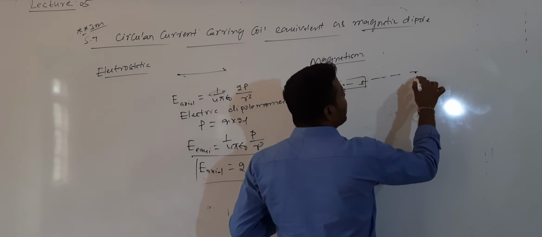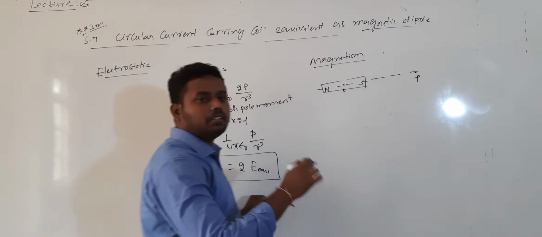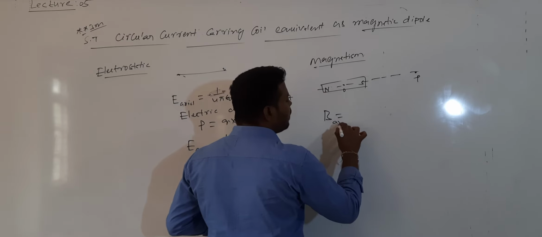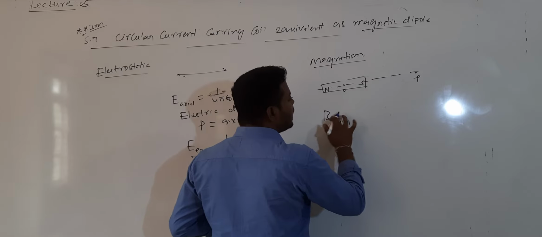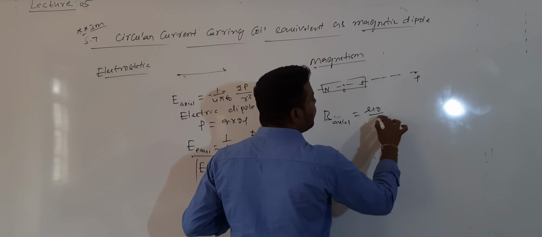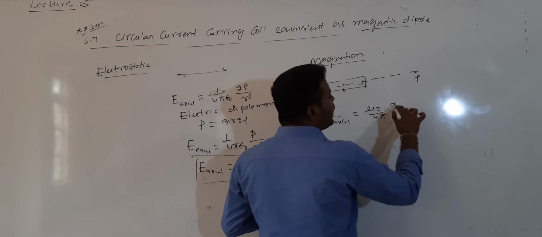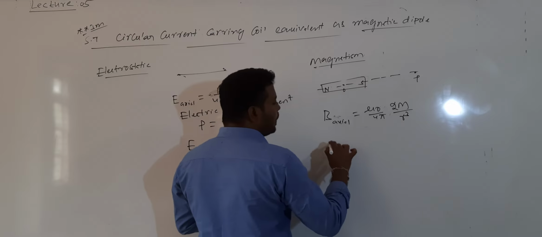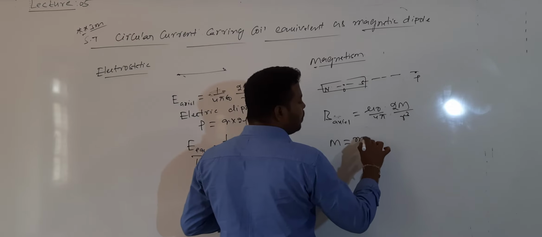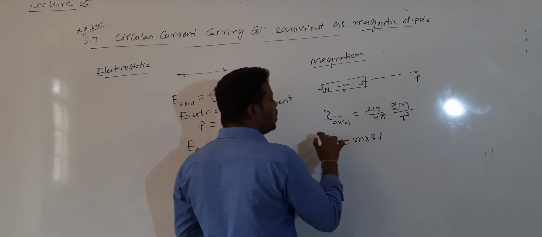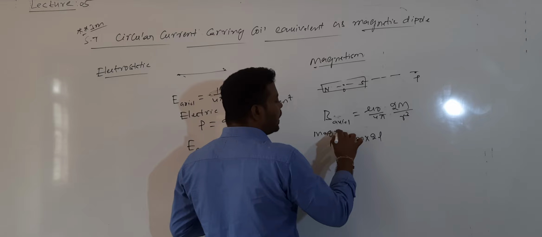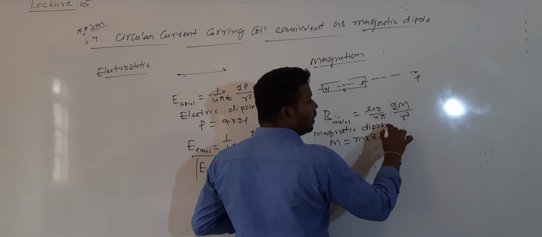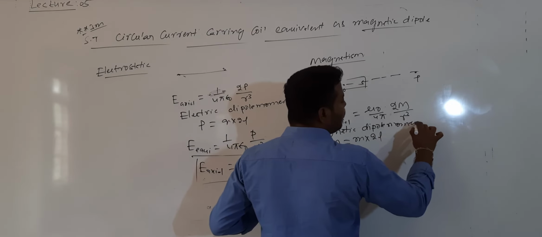If I calculate the magnetic field induction at point P on the axial line, B on the axial line is mu naught by 4 pi into 2M divided by r cubed, where capital M is called the magnetic dipole moment, which is given by m into 2l.